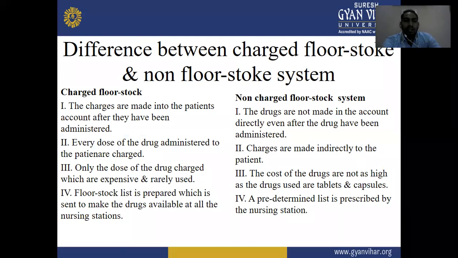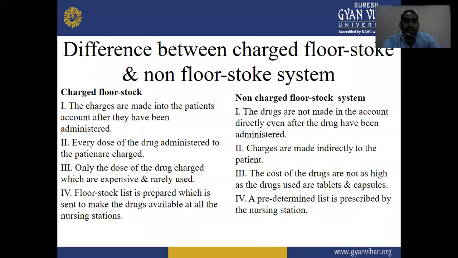Difference between the charged floor stock system and the non-charged floor stock system. In the charged floor stock system, first, the charges are made to the patient's account after the drugs have been administered.